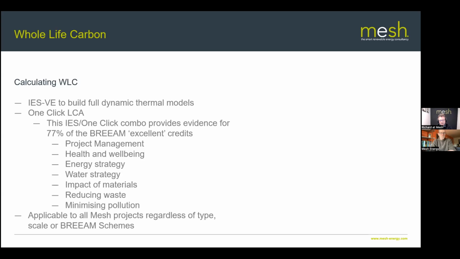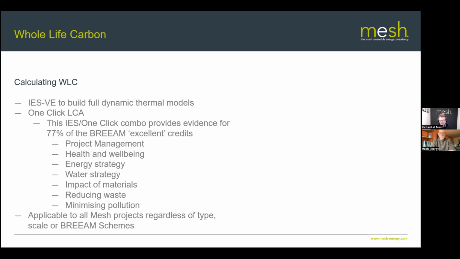So, for example, like I said, we use IESVE with One Click, and it contributes to 77% of the Excellent credits, and it falls within 7 of the issue areas relating to project management, health and well-being, the energy and water strategy, and so on, right through to minimizing pollution.